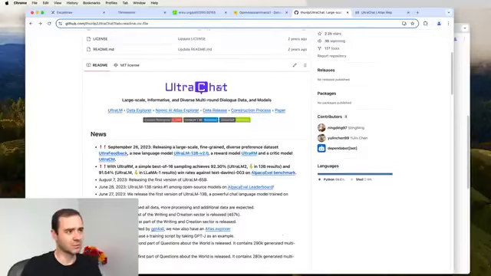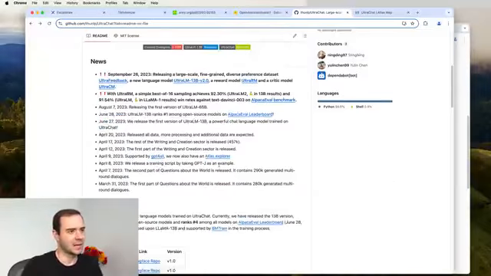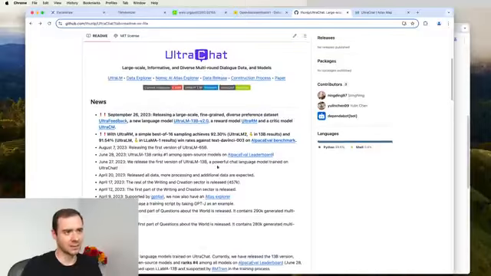UltraChat is one such example of a more modern data set of conversations. It is to a very large extent synthetic, but I believe there's some human involvement. I could be wrong about that. Usually there will be a little bit of human, but a huge amount of synthetic help. And this is all constructed in different ways.